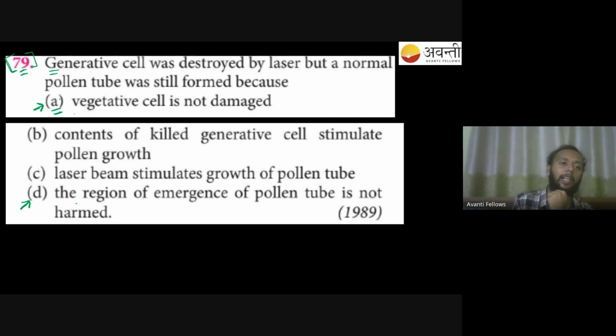So that is why option A is the most appropriate correct answer. Not option D, not option C, not option B, right? The vegetative cell was alive over there, and because of that, the pollen tube was successfully formed. Understood? Shikha, did you understand? Yes sir. Okay, so that was option A and the question goes to Gayatri.